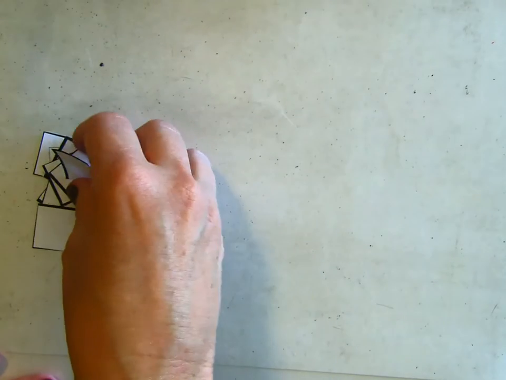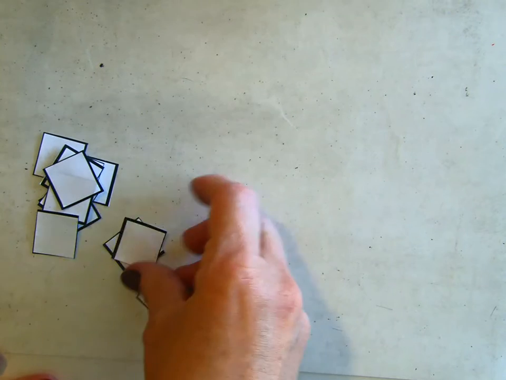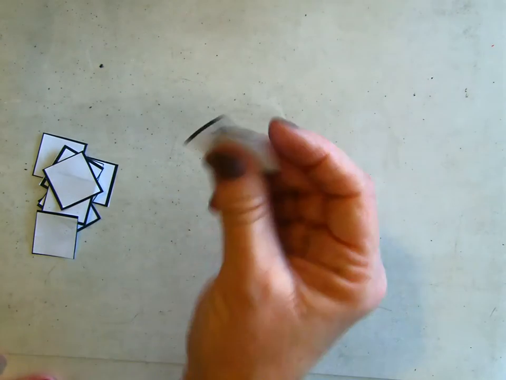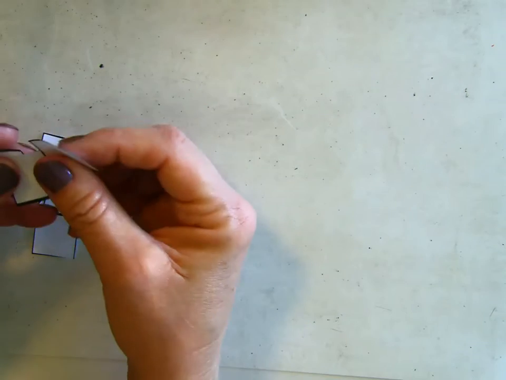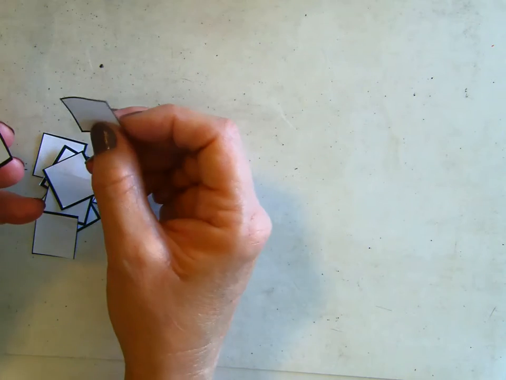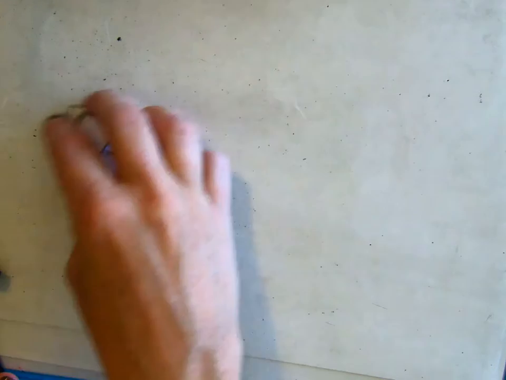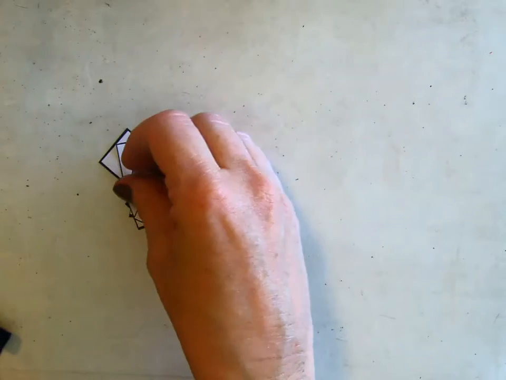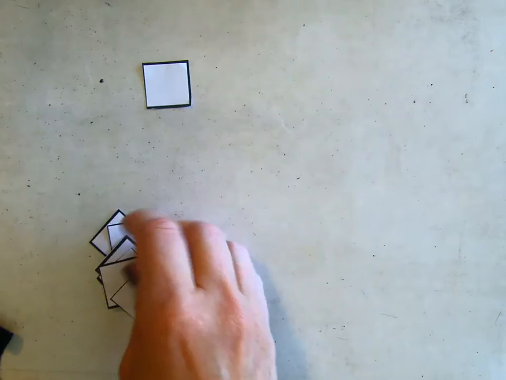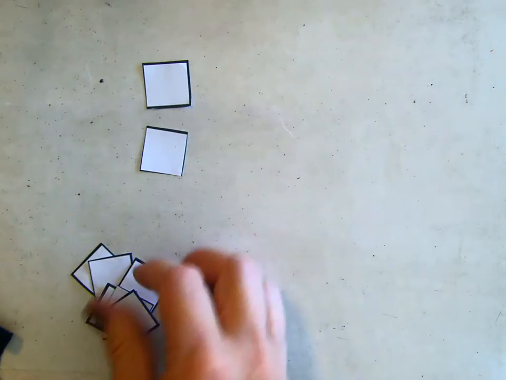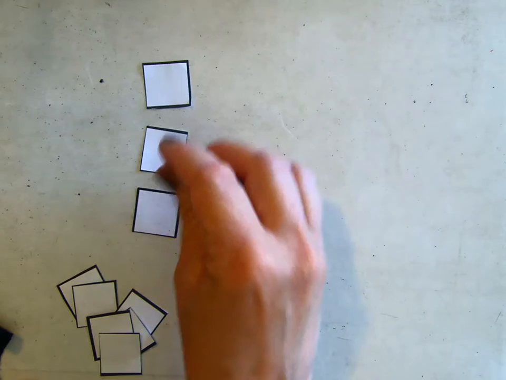So we're only going to use 9 of these. So I'm taking 3 of them away. We had 12. So that's 11, 10, 9 if we take those 3 away. So here's 9. I need 3 rows. So there's a row, there's a row, and there's a row.